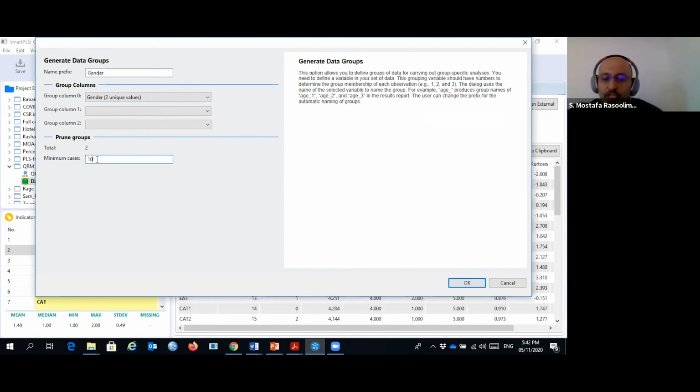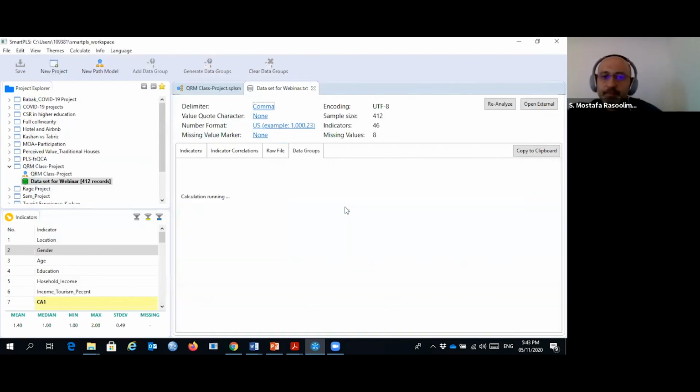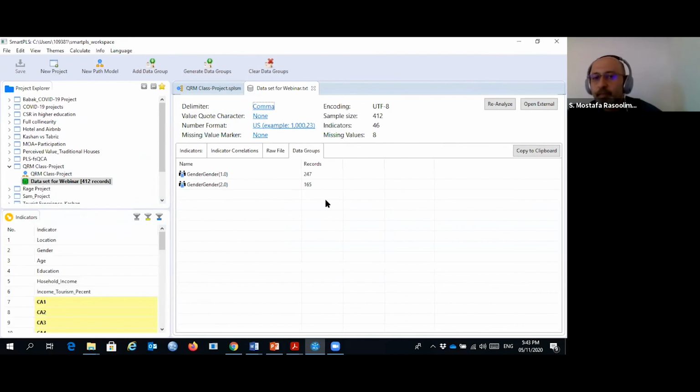For example, if I change to 100, it means you create group data only if there are at least 100 samples under each group. Okay, clear. We have two groups, and under each group we have more than 100 samples.